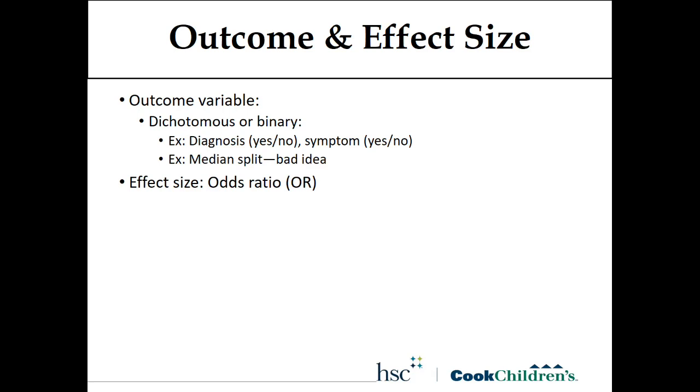An odds ratio can't be 0, but it can be above 0 all the way to infinity. And there's a reciprocal relationship so that, for example, an odds ratio of 5 is the same effect size as an odds ratio of 0.2, because 1 divided by 5 is 0.2.